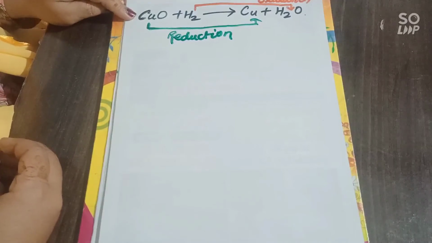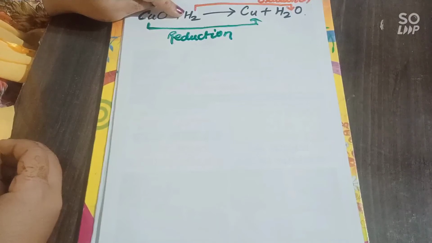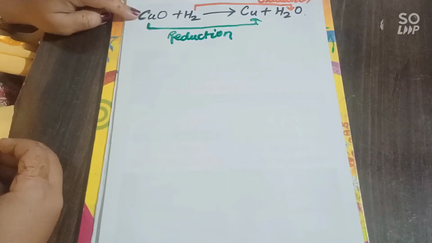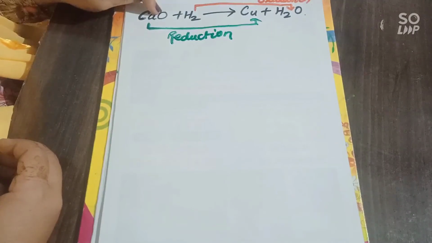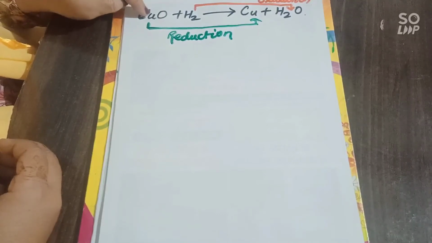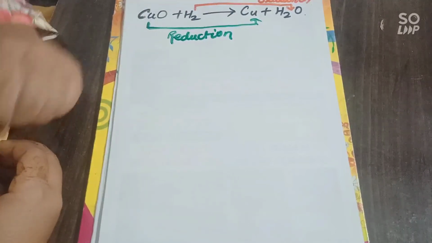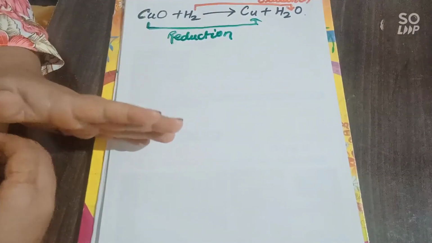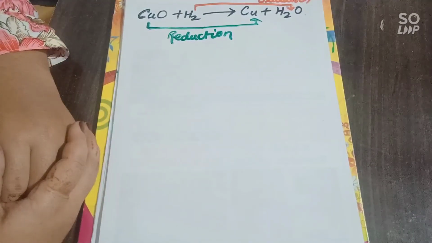So this is oxidizing agent and this is reducing agent. But how? Copper oxide is oxidizing agent due to gain of electron, because when oxygen is removed from here, the electrons which were donated by copper to oxygen come back to copper atom, and thus it eventually makes the process more like gaining of electron by copper again.